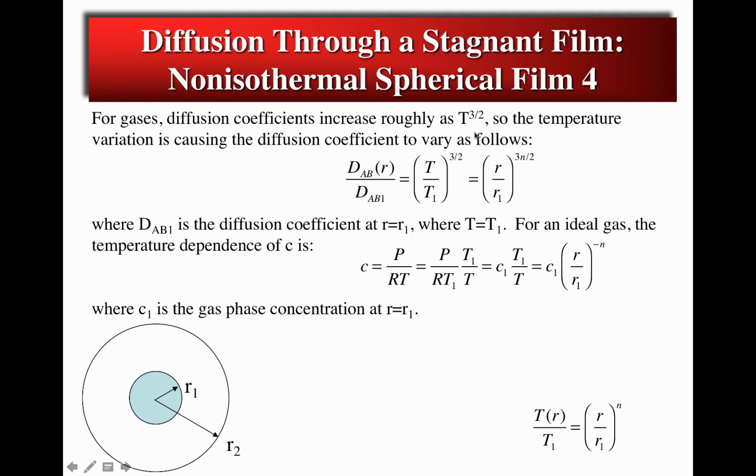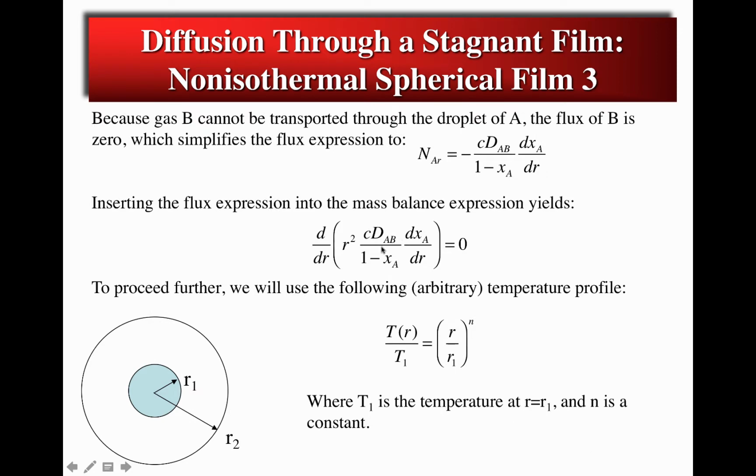Diffusion coefficients typically vary approximately for gases as T to the 3/2 power. The molar concentration of an ideal gas is just given by P over RT. And so we're looking in our mass balance expression for the product of C times the diffusion coefficient.